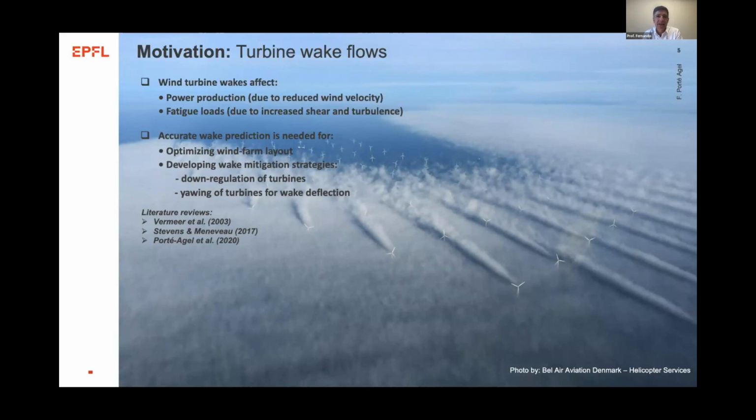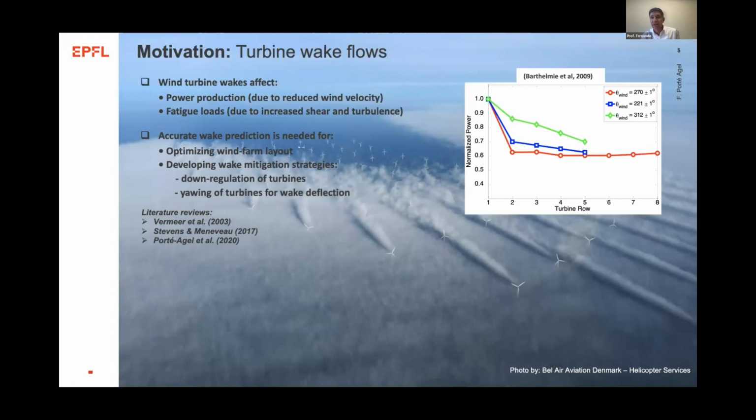These flows are characterized by a reduction of wind speed and an increase in turbulence, which produces a reduction in power extraction in the wind farm, and also an increase in the fatigue loads in the turbines that are downstream.